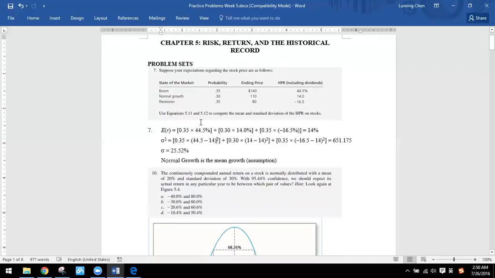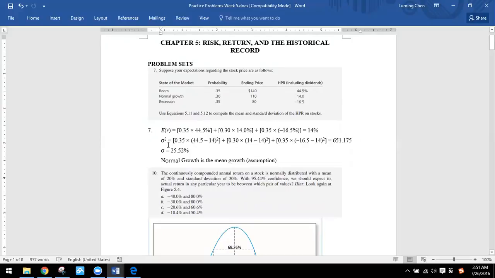So the variance is 35% times 44 minus 14, because 14 is the mean. This is the expected variance of the good time. This is the expected variance of the normal time, because normal is the mean, so this is 0. And the last item is the expected variance of the bad time.